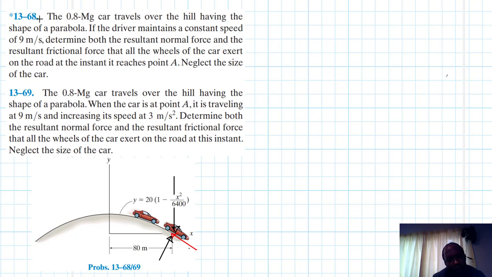We have the weight, and we have the friction force in the opposite direction of motion. So this is the weight, which is just equal to mg. This is the normal force, and this is the friction force. This is the resultant friction force.